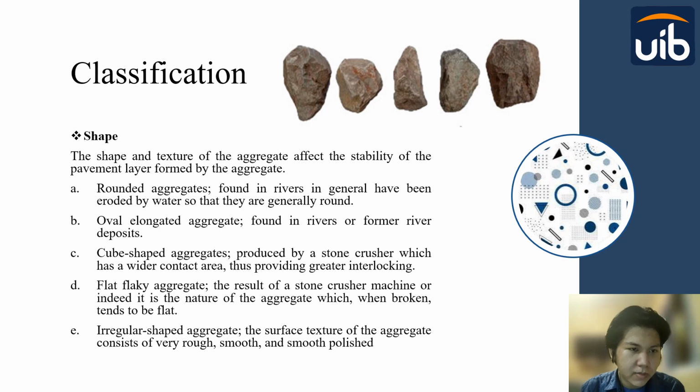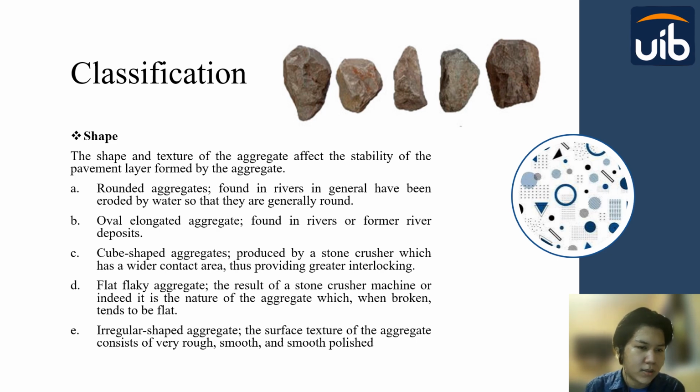By shape, aggregates can be divided into five. The shape and the texture of aggregate affect the stability of the pavement layer formed by the aggregate. The first one is rounded aggregate, found in rivers, which in general has been eroded by water, so it is generally round.